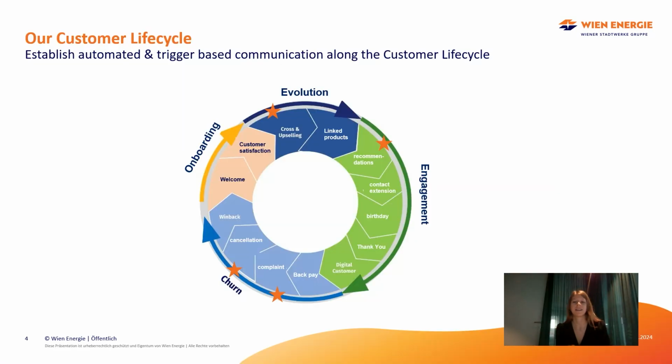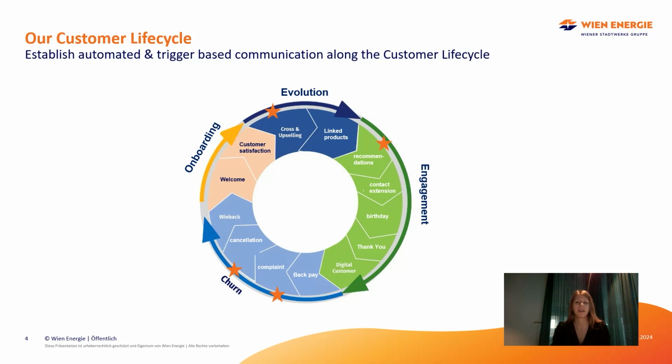Here you can see our customer life cycle. We use this for different departments and, for example, when we analyze and implement new customer communication or new services for our customers. It's especially important when we talk about marketing automation and sending out emails to our customers. With the stars, we marked categories that we think are very relevant for the CDP use cases.